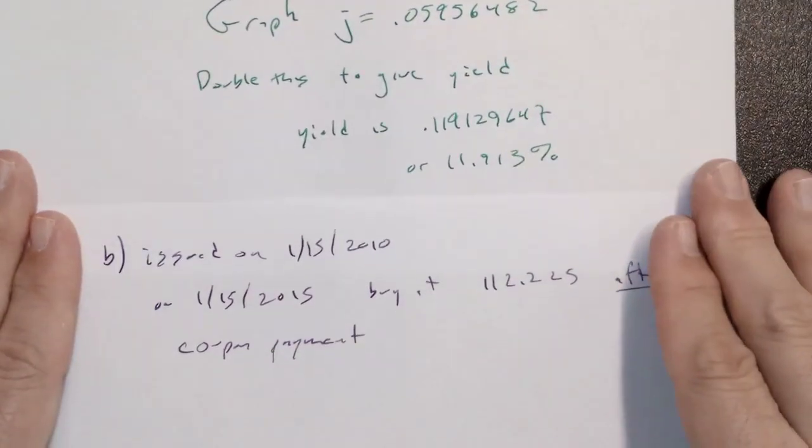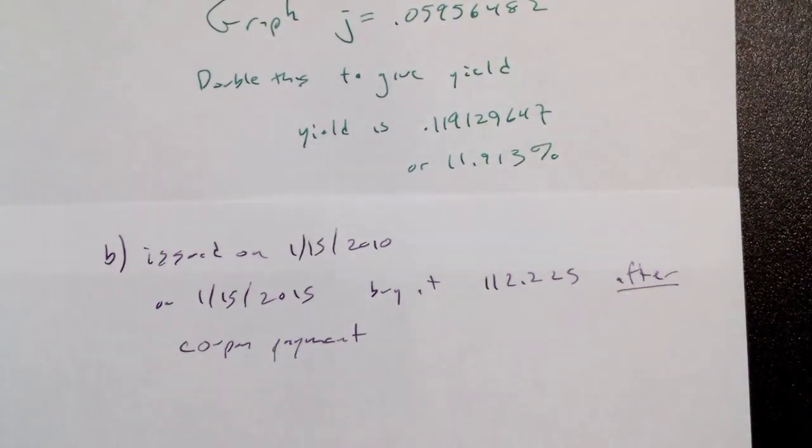So when I bought it the first time, I was earning 11.9% a year. That's my yield. The person I sell it to, what do they earn as a yield? Assuming they keep the bond the whole rest of the time.